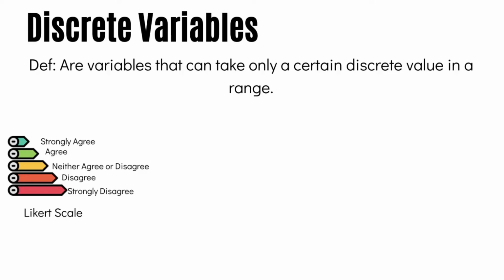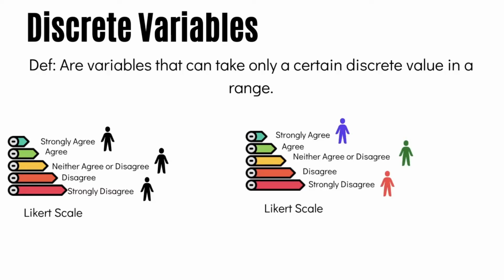This is a discrete variable because your responses on a Likert scale can only take certain discrete values over an interval. So if you're asked the question, do you like chocolate? You could respond strongly agree, neither agree nor disagree, or strongly disagree. Different participants can have different ratings.